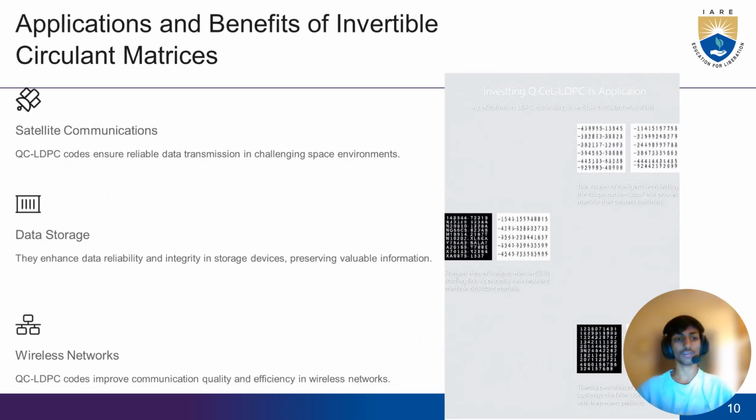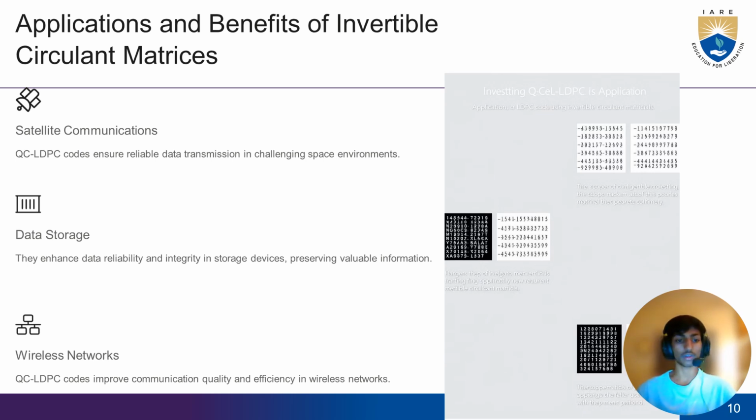Applications and benefits of invertible circulant matrices. Satellite communications: QC-LDPC codes ensure reliable data transmission in challenging space environments. Data storage: this enhances data reliability and integrity in storage devices, preventing loss of valuable information.